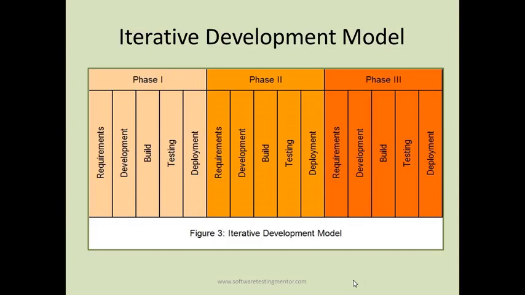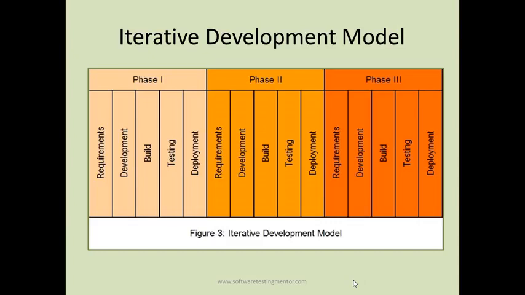So there are different phases in the iterative development model, wherein you capture the requirements, you develop, build, test, and deploy. Like you can see in the figure, in phase 1 you capture requirements, develop, build, test, and deploy.